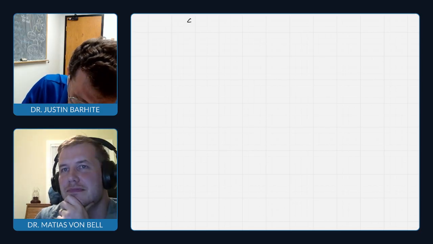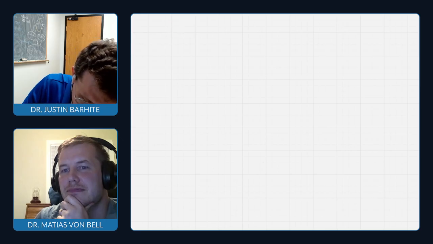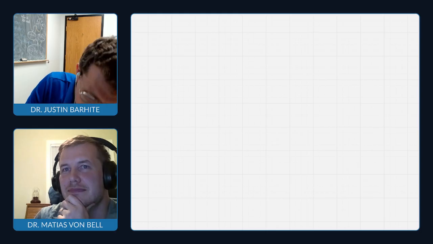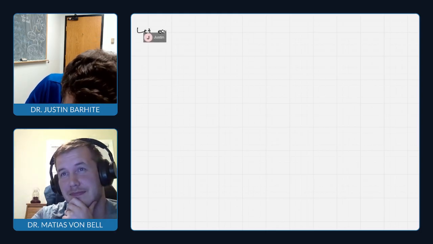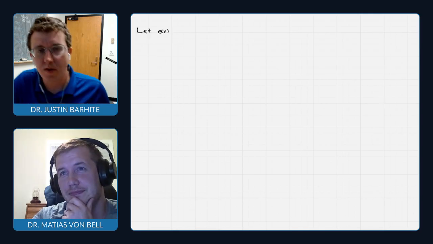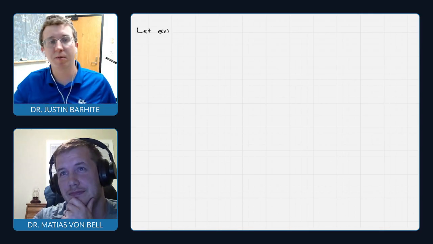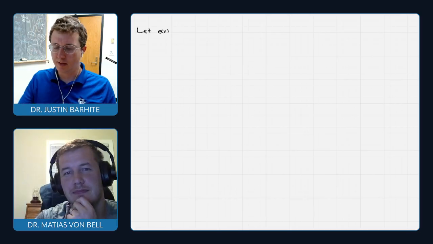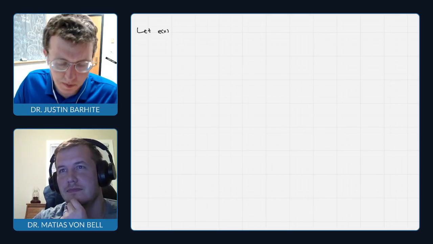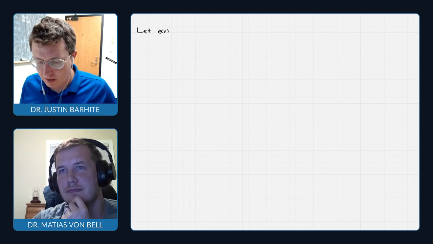What I'll do is I'll ask you, what are some things that you know about the exponential function? So let's just call this function e of x. I'm not going to write e to the x so that we don't start thinking of it as the familiar exponential function and manipulating it in ways that we're accustomed to.